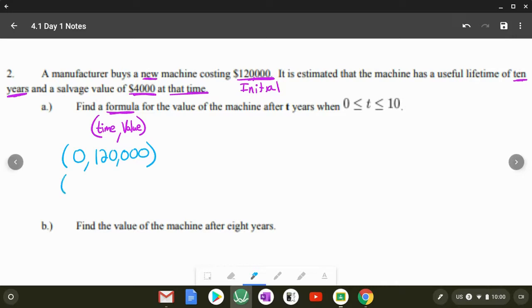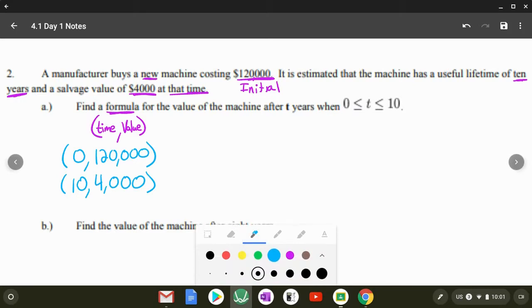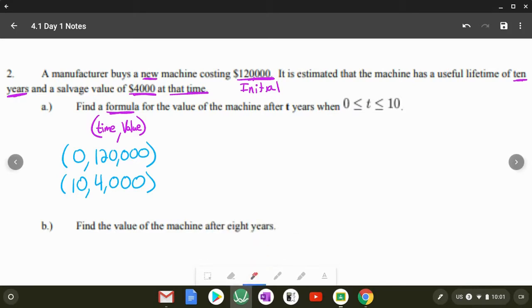The other coordinate would be after 10 years. So 10 years down the road, it has a salvage value of $4,000. Just like on the last problem and the one on the previous page, we have 2 coordinates. We're going to make a linear function using these 2 coordinates.